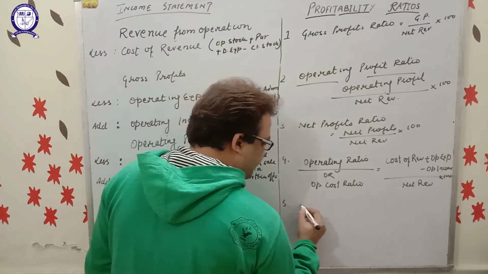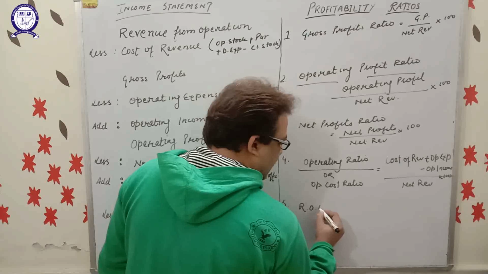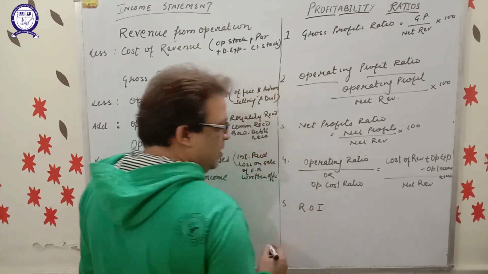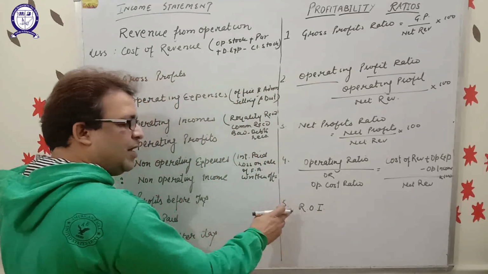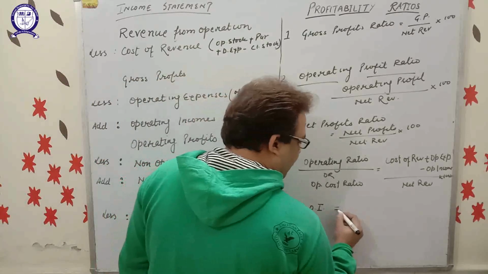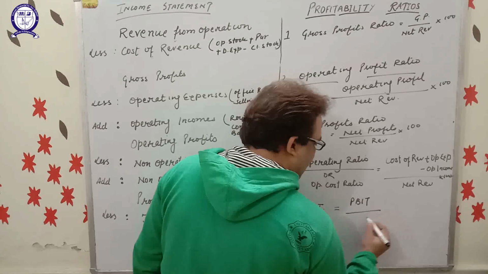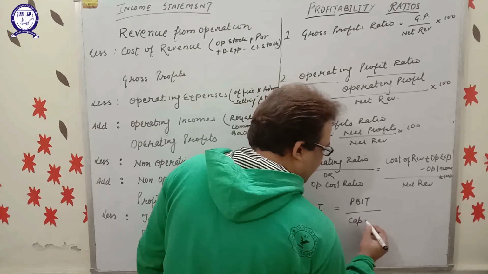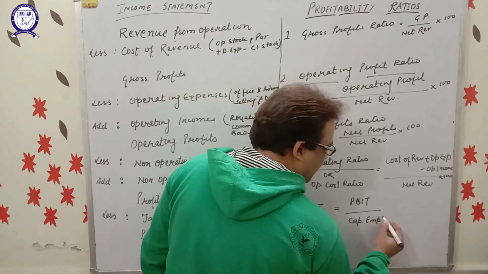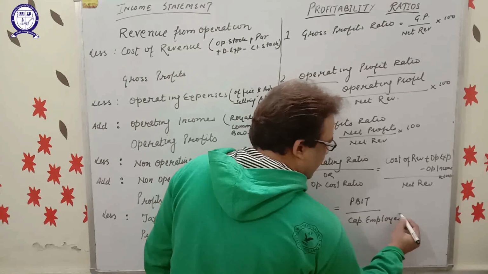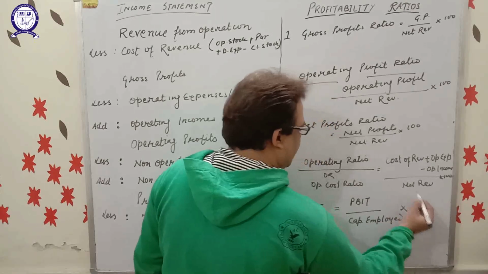Next, ROI, return on investment, also known as return on capital employed. The formula: profit before interest and tax divided by capital employed into 100.